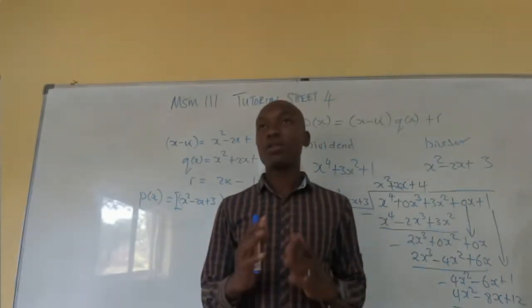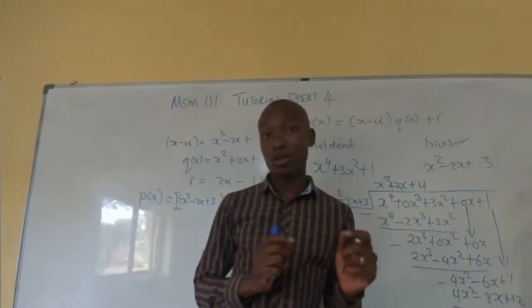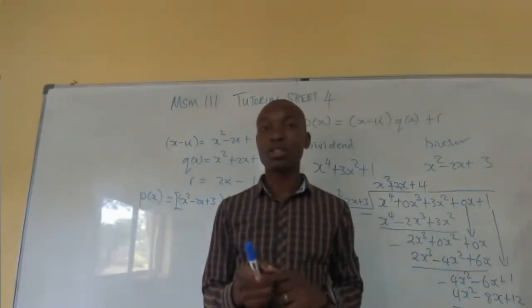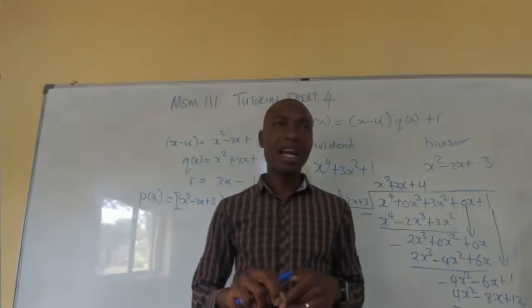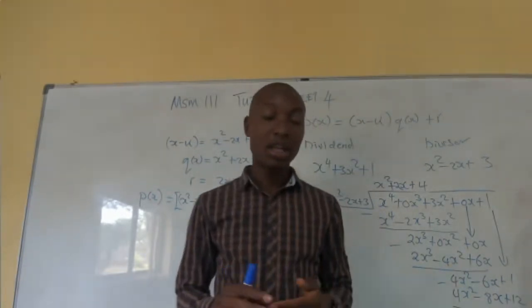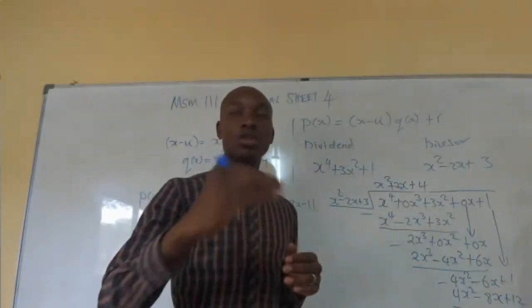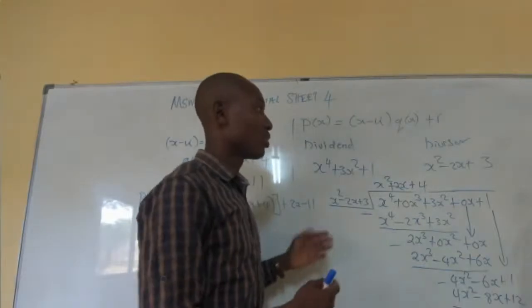Okay, now of course remember we're now dealing with polynomials. We're no longer dealing with the quadratic. Of course, the quadratic equation is also a polynomial, but the highest degree there is 2. That's why it's called a quadratic. Now, we have polynomials whose degree are greater than 2. These are the ones we're dealing with.